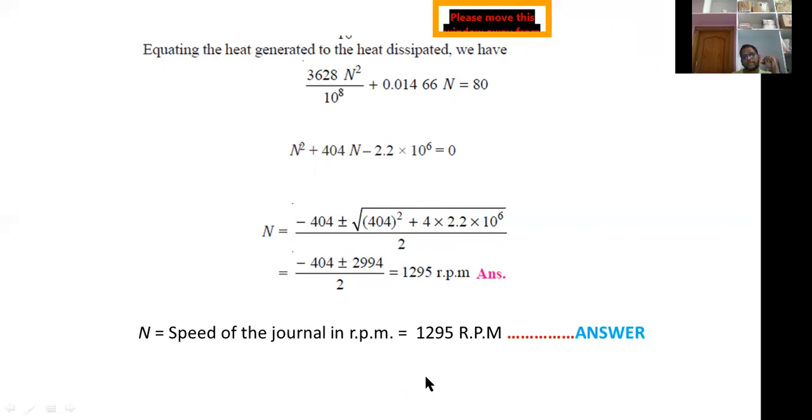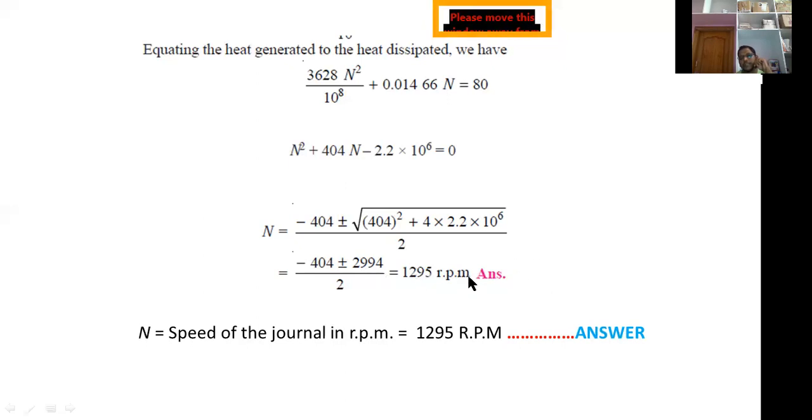This is a quadratic equation, but if you don't know this formula, you can get this answer by using a calculator. By using a scientific calculator, we can also calculate this value.